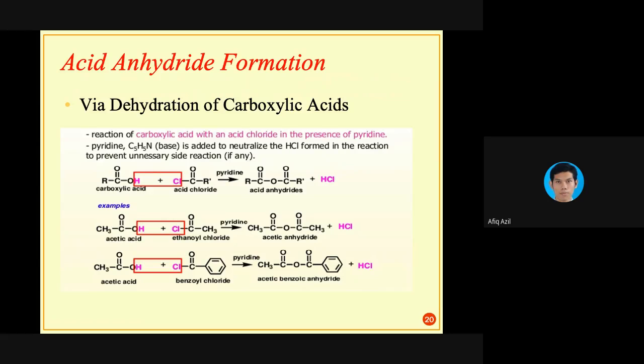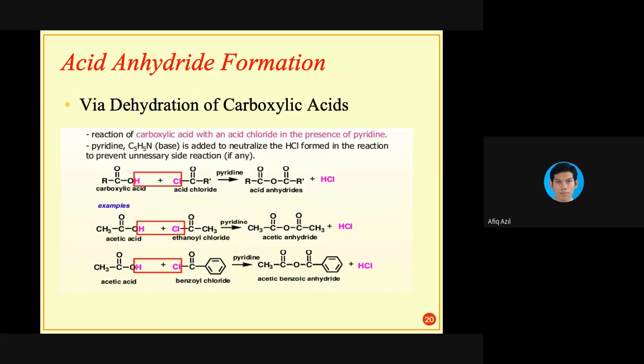So, reaction of carboxylic acid with an acid chloride in the presence of pyridine. This is the method you use to convert a carboxylic acid to an acid anhydride. It requires a carboxylic acid and also an acid chloride.